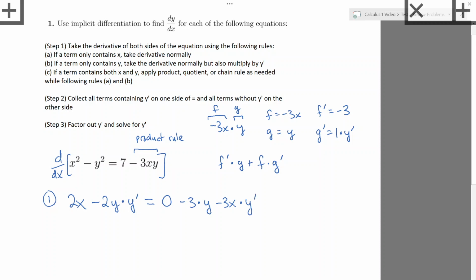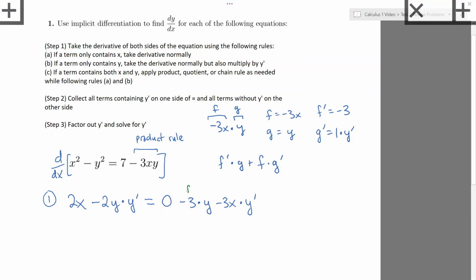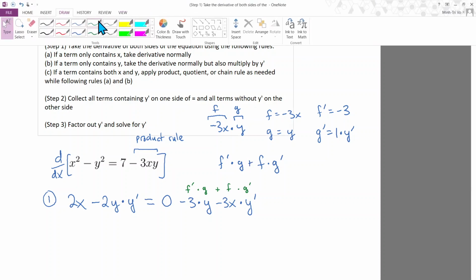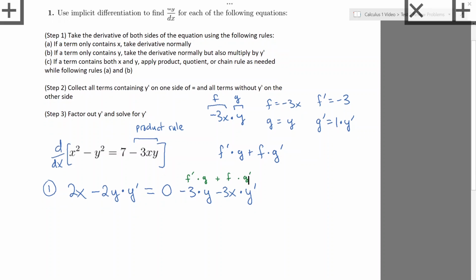Right, so again, let me label everything so it's easy to see. Right, so this was f prime times g plus f times g prime. Okay. So that's step 1. We've taken the derivative of everything.